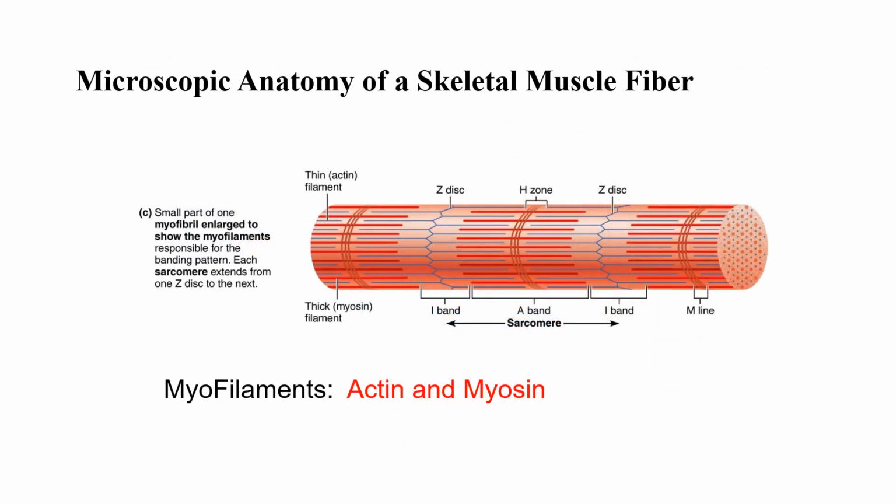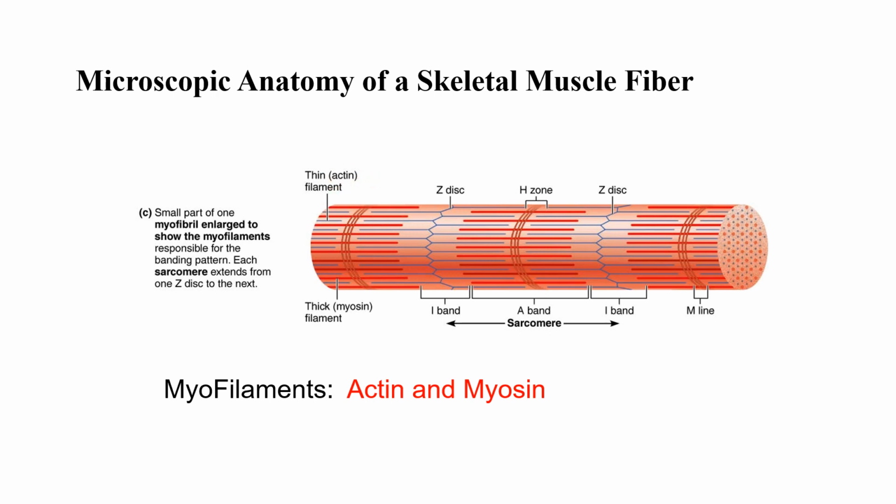If you can see a sarcomere at the microscopic level, depending on where you would do a section through that muscle fiber, you would see an alternating band or pattern of what we call thick filaments, which are myosin, shown here in red, and thin filaments, which are actin, shown in blue.